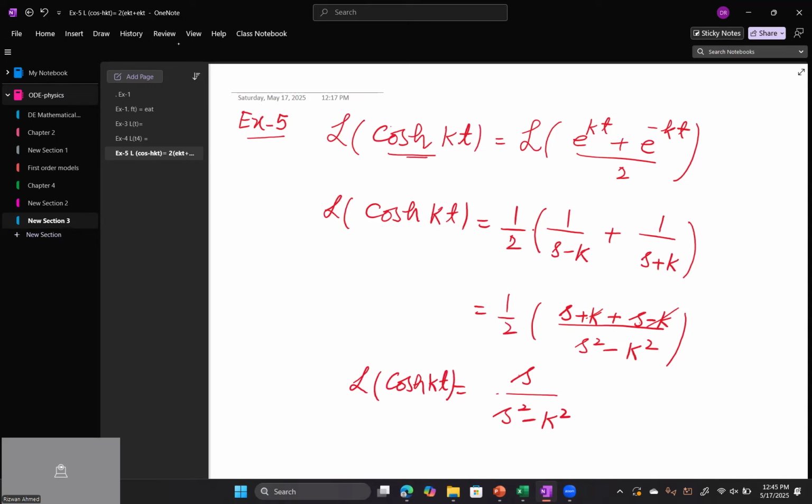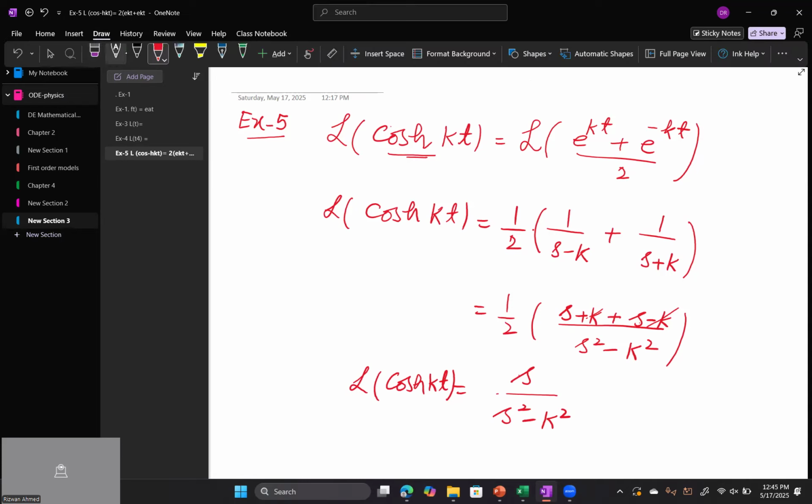So instead of going through the route of integrals, I adopted the properties that I developed earlier.